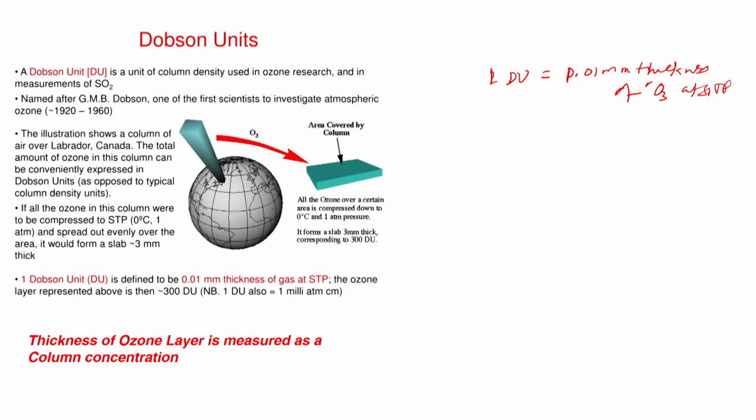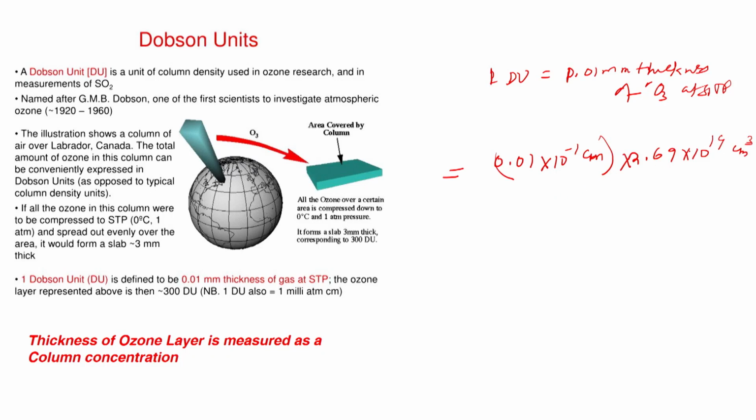From there you can also calculate that 0.01 mm is 10 to the power minus 3 centimeter, right? And we also know that at STP there are 2.69 into 10 to the power 19 molecules per centimeter cube.